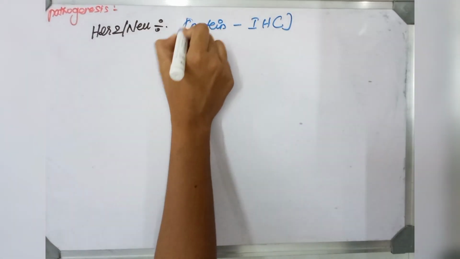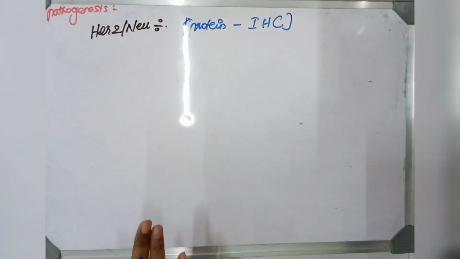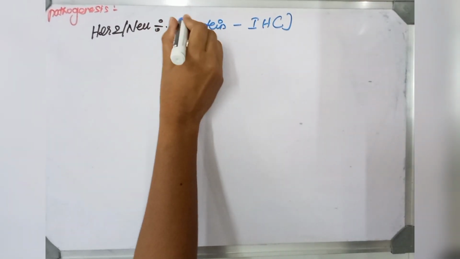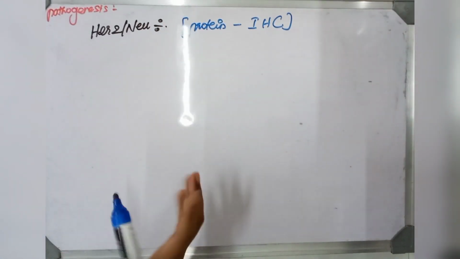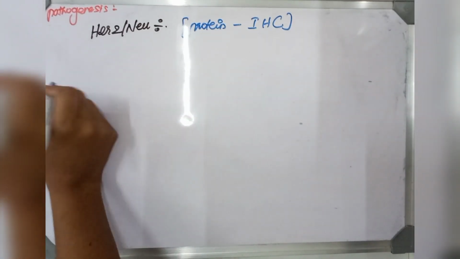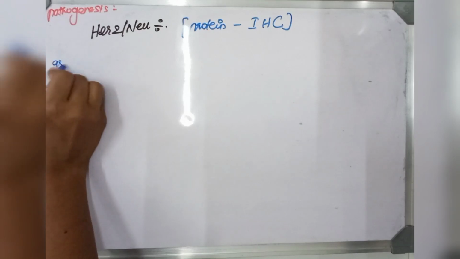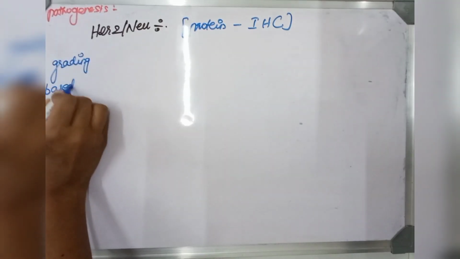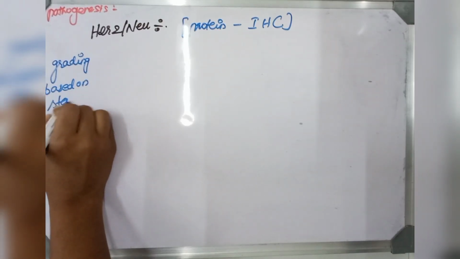So this is the first thing. And based on HER2/neu present in the serum, we are going to grade it according to staining patterns. So grading based on staining pattern.